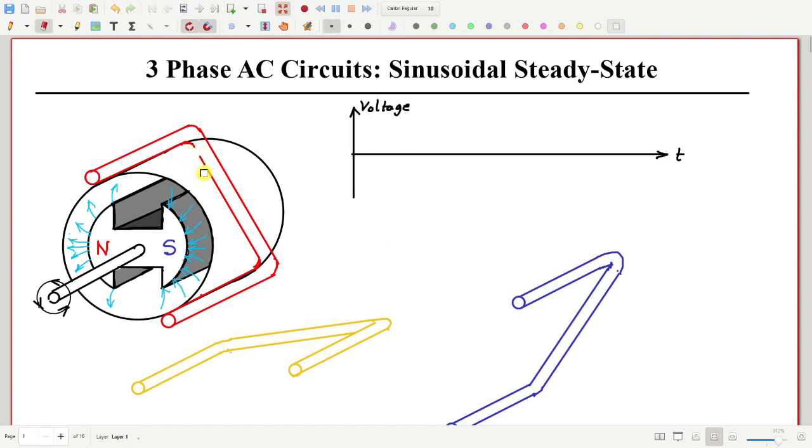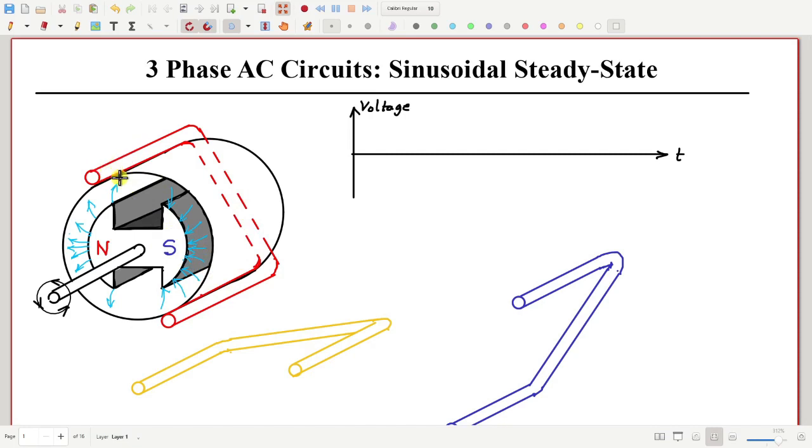This side is actually behind the scene, which we cannot see. Now these flux lines are cutting through both sides of this conductor, maybe copper or some conductor.